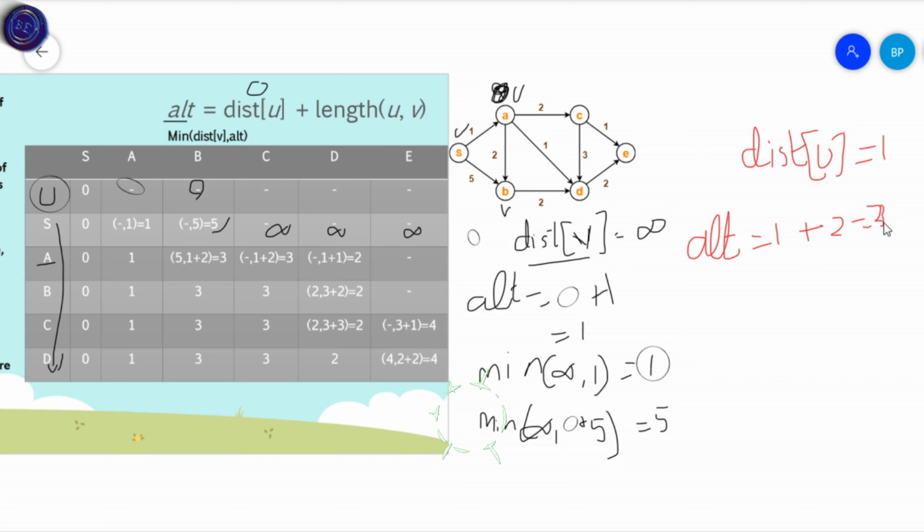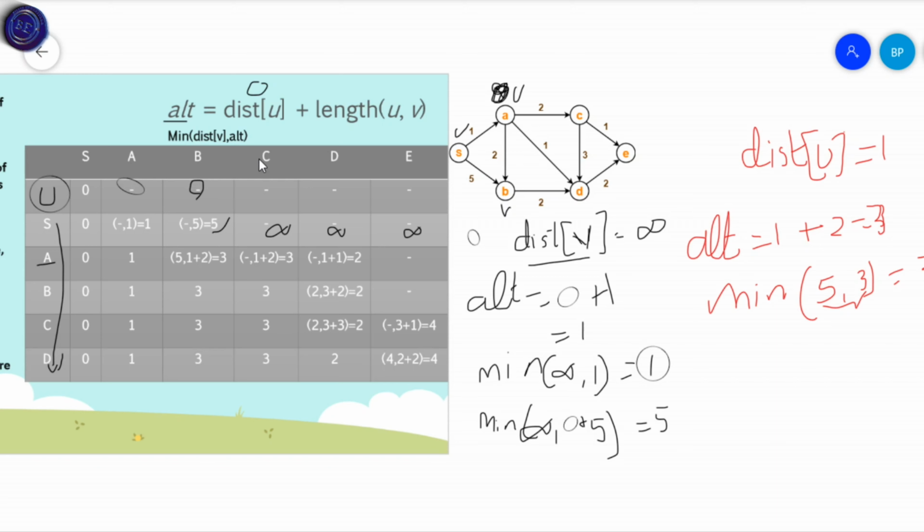After that we are going to compare the distance of B comma alt. So minimum of distance of V, that means B node distance is actually 5, comma what is alt distance? 3, that equals 3. Among these both we have the minimum value as 3, so I copied it as 3.